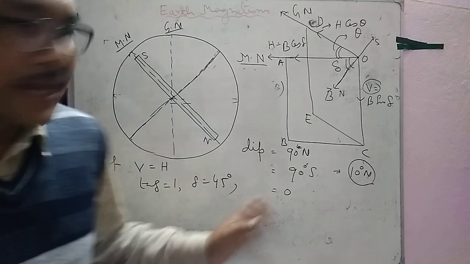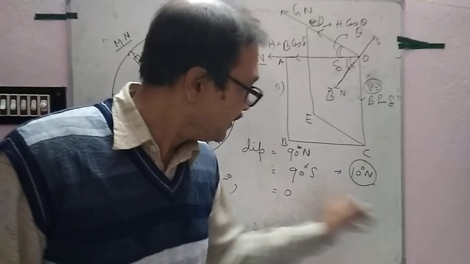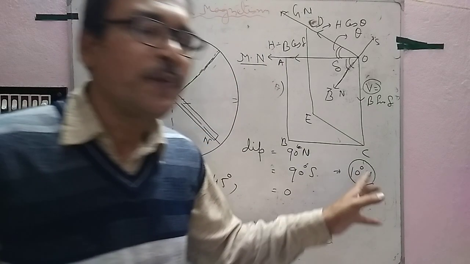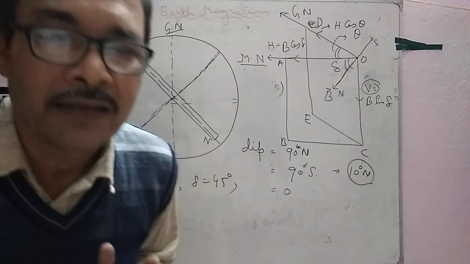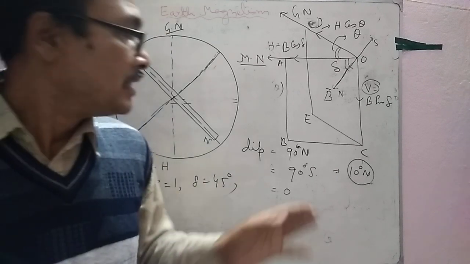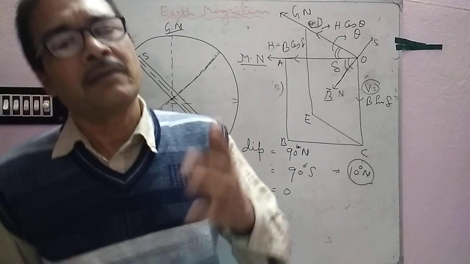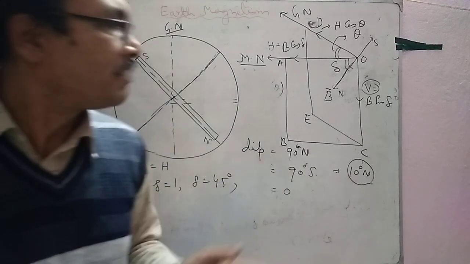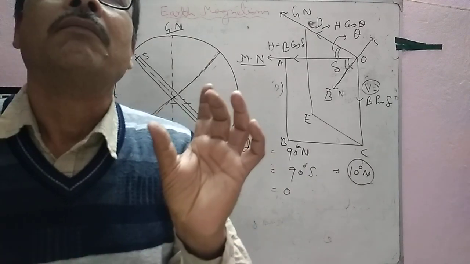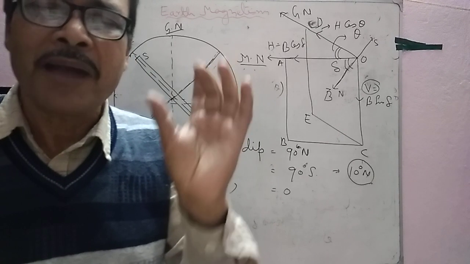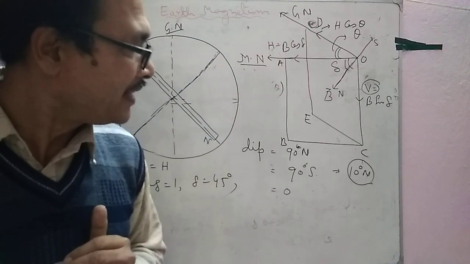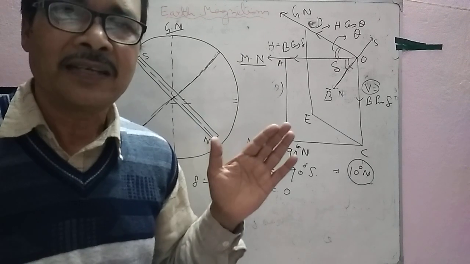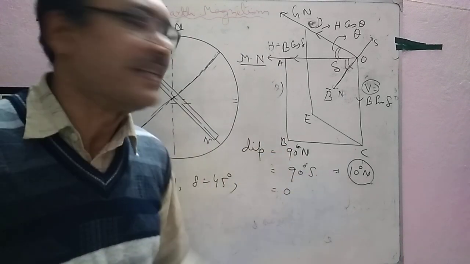Clear? Again, I repeat. What do you mean by the angle of inclination at a place is 10 degree N? If we explain in the first way, at that place the angle between the direction of the total Earth magnetic field and the horizontal line in the magnetic meridian is 10 degree.